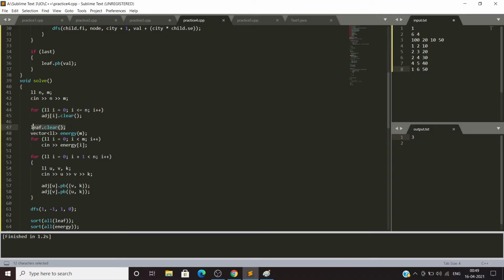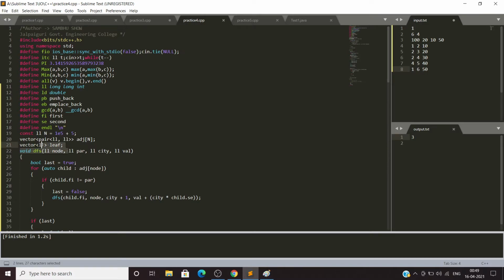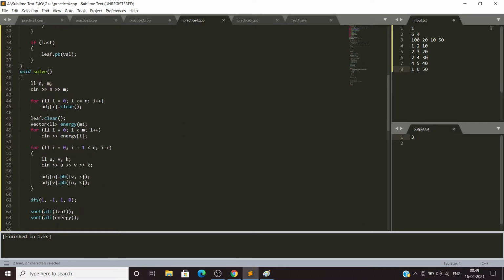Here we are storing the leaf, meaning the energy required to move to a leaf, clearing it for every test case, and we are storing the energy. Here we are storing u, v and k, meaning we have to move from u to v with length k. K is the distance between the two cities.